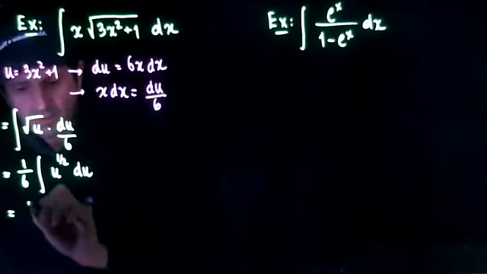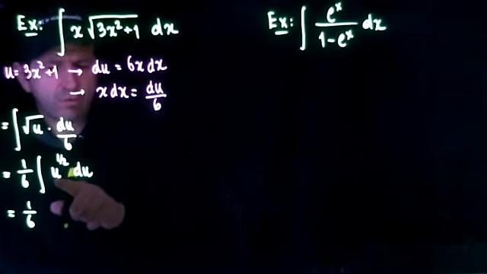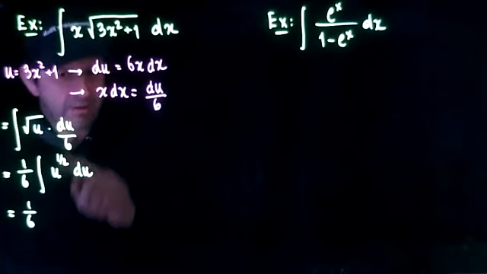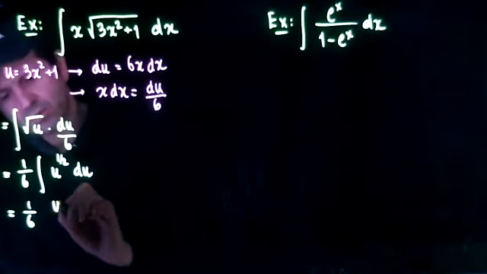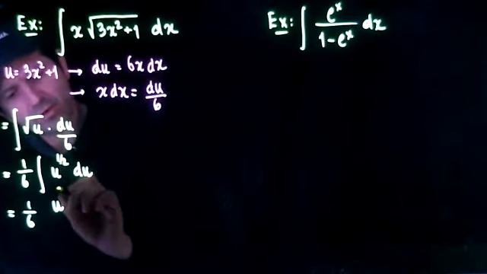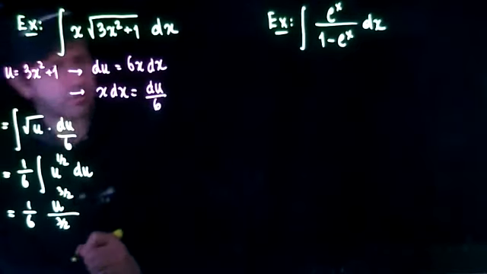So this is a power rule, right? u to the power of n plus 1 over n plus 1: a half plus 1 is 3 over 2, over 3 over 2.